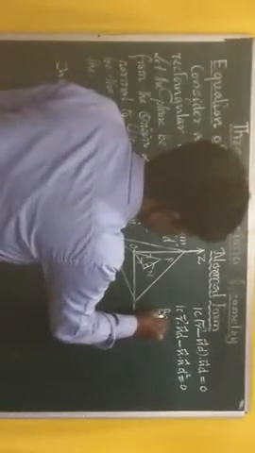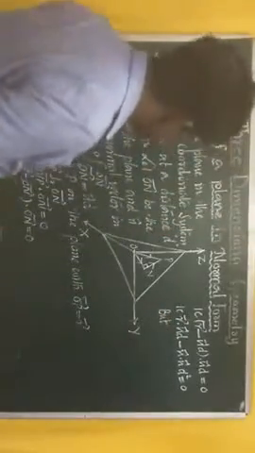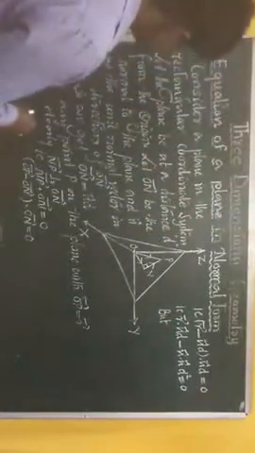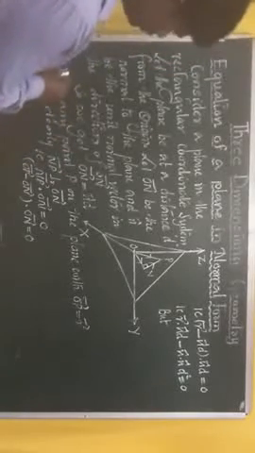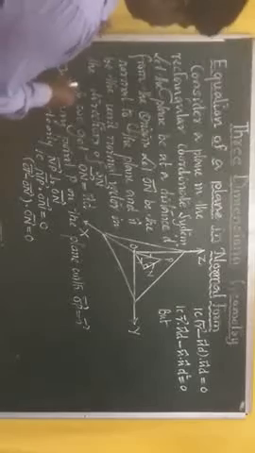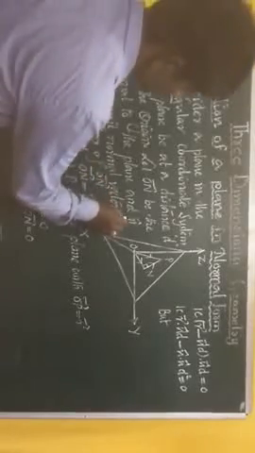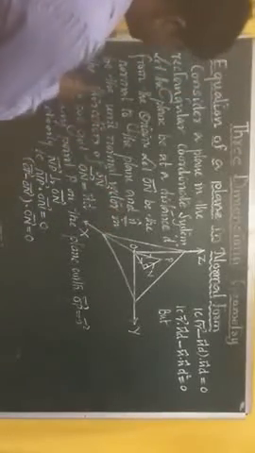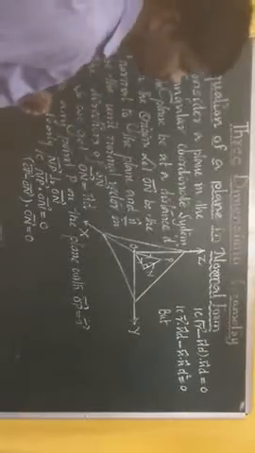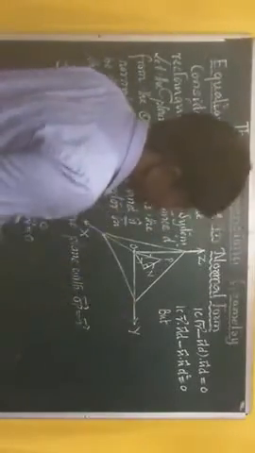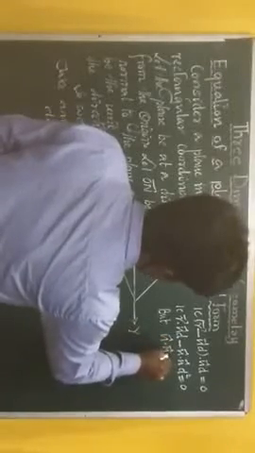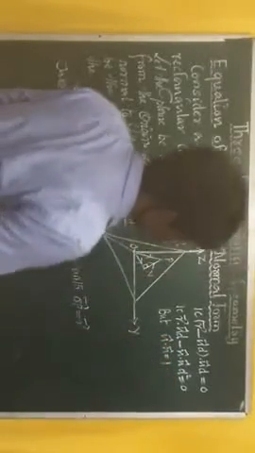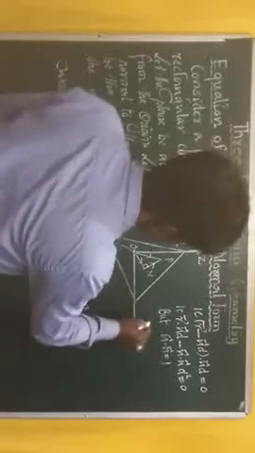But here n cap is the unit vector in the direction of vector ON, so n cap dot n cap will be equal to 1.